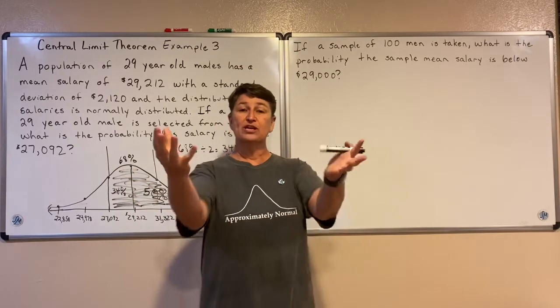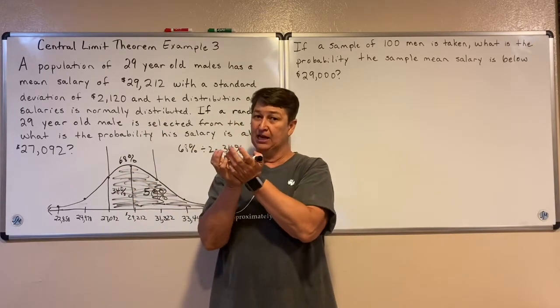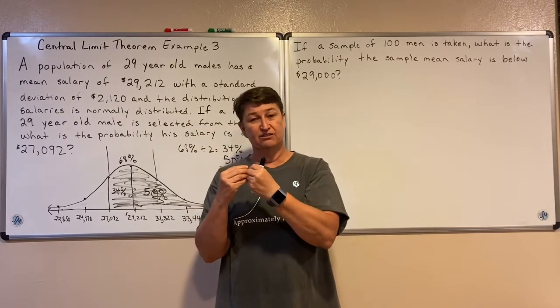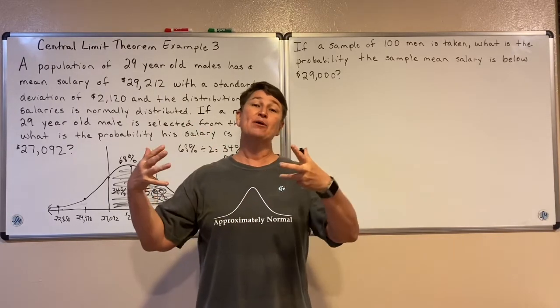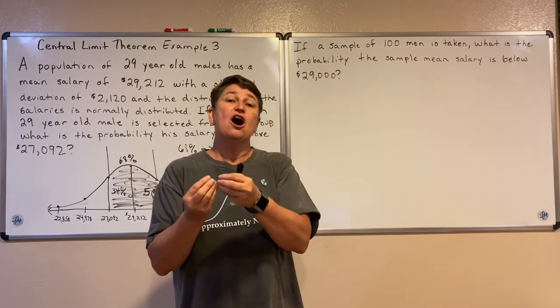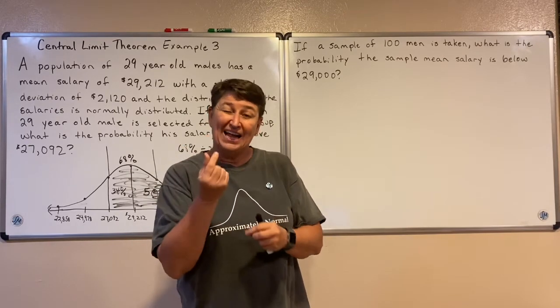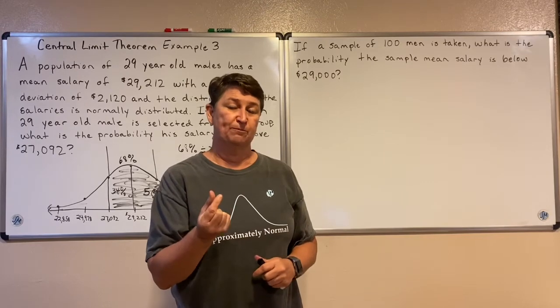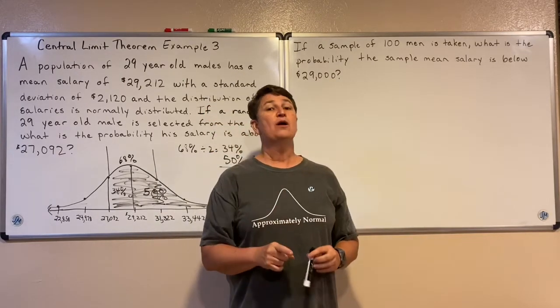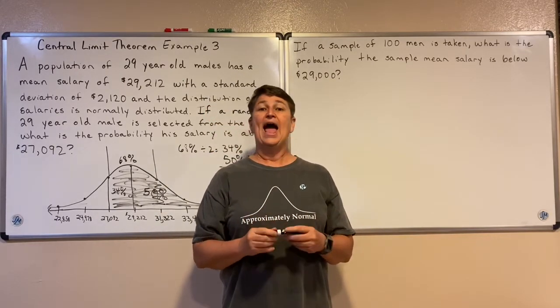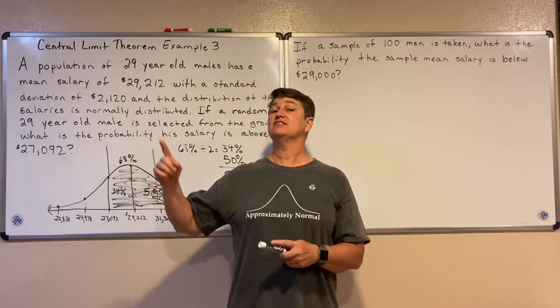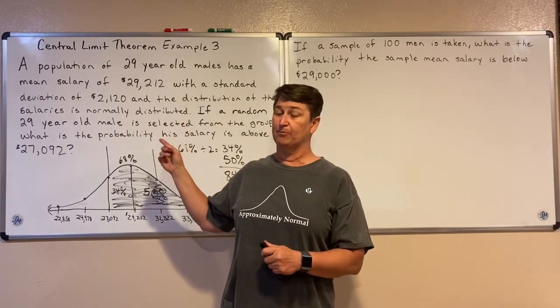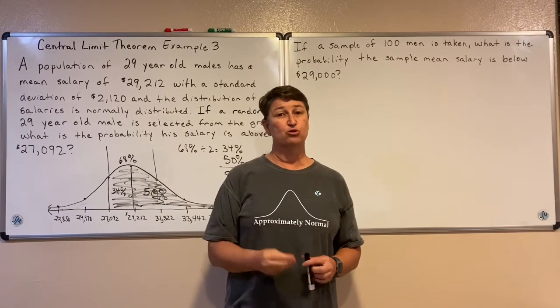Instead, I'm pulling out 100 men, collecting their salaries, and then finding a mean of those salaries. That sample mean is part of a new distribution. And we know that that distribution has a mean that is the same as the mean of our population. We know that from the central limit theorem.